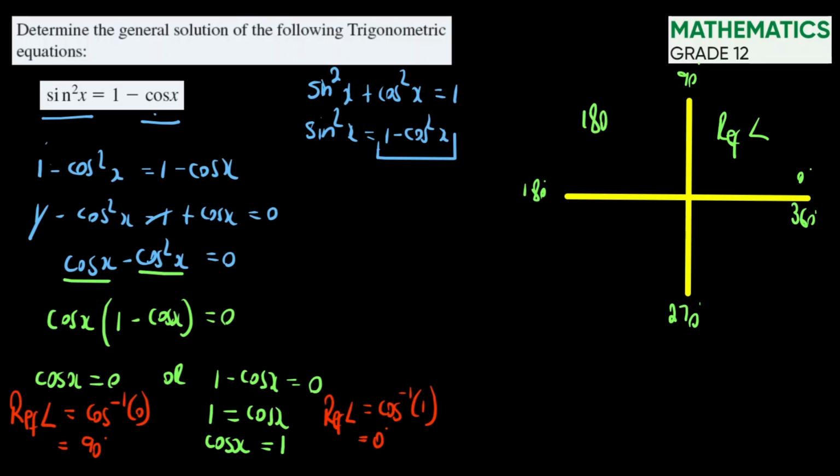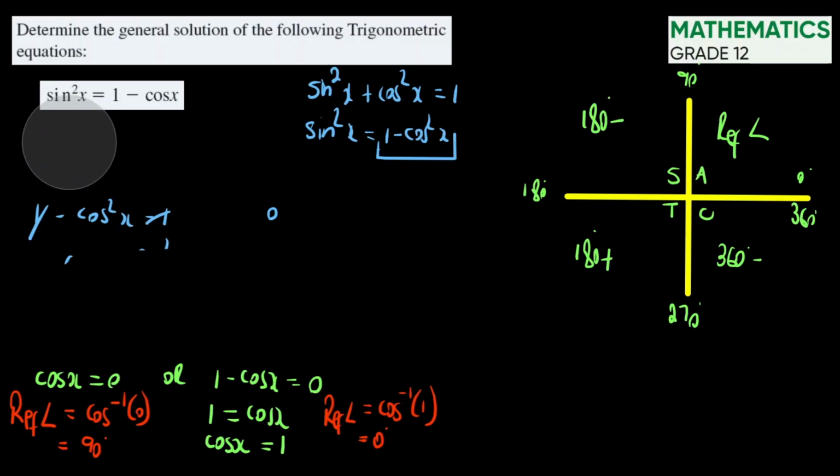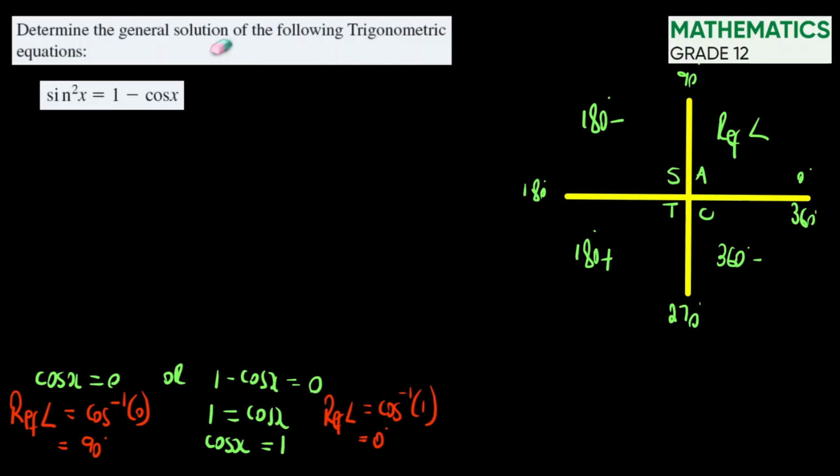So in the second quadrant, we have 180 degrees minus. In the third quadrant, we have 180 degrees plus. And in the fourth quadrant, we have 360 degrees minus. And we have our CAST diagram, and we'll be using our CAST diagram to answer the rest of this question.